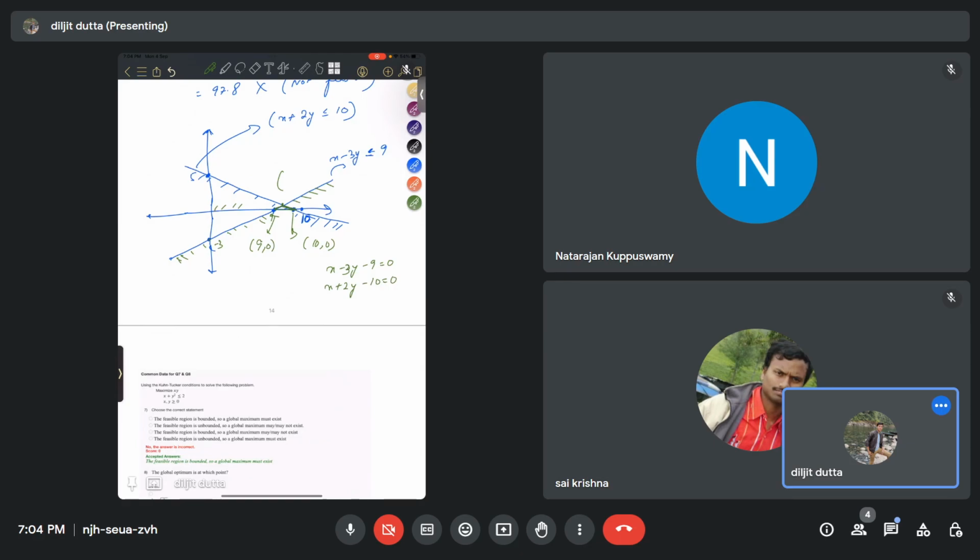What we will get if we just subtract the two equations: minus 5y, so y is equal to 1 by 5 and x is equal to 8 by 5.